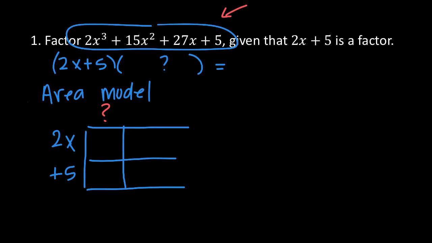So I'm going to put the first term, 2x cubed, in the first box. And then I'm thinking, I want to know what that question mark is, that red question mark. I want to know what multiplies to 2x to get 2x cubed. It would be x squared.